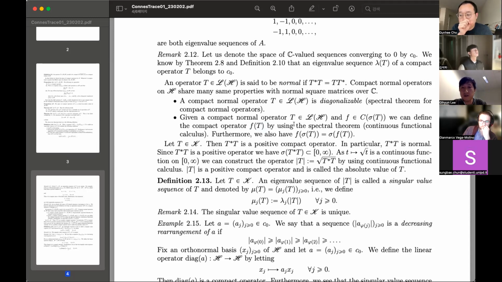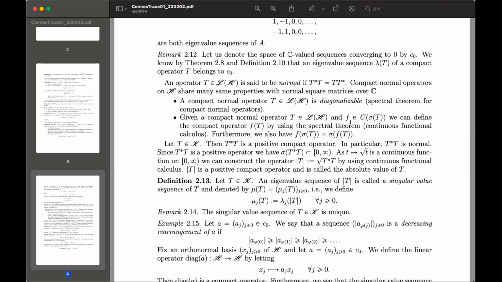By using the spectral theorem of the compact normal operator, we can make sense of this operator f(T) by using the diagonalization.